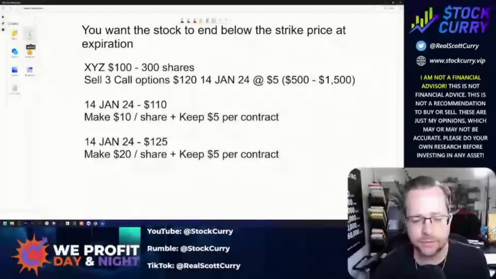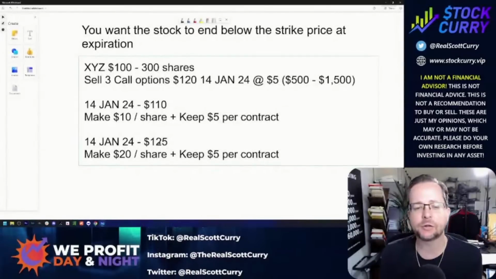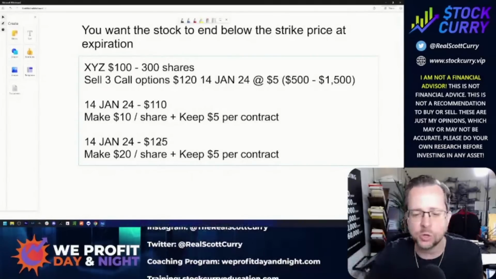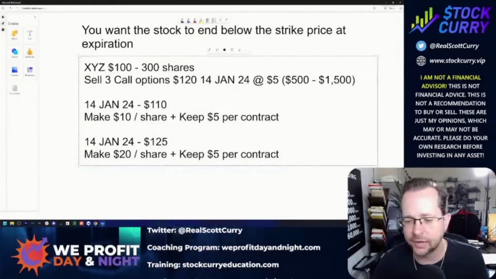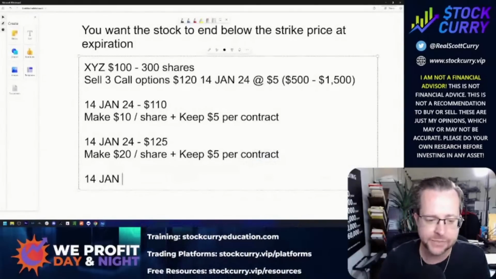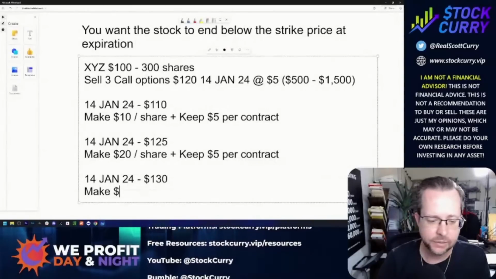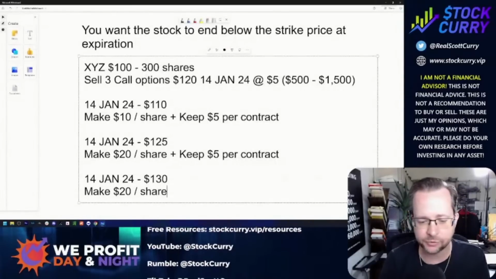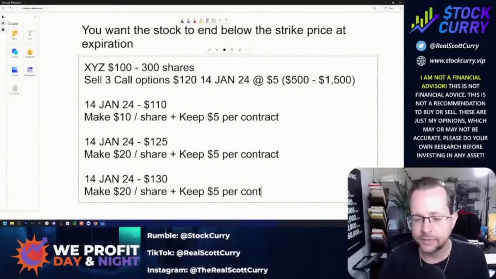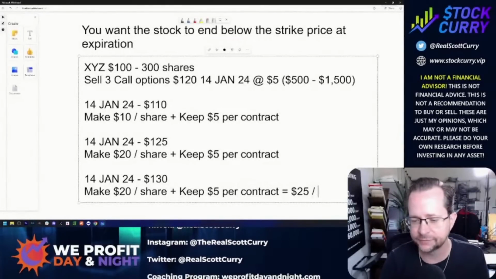The only time this really doesn't work out is, let's say it goes above $125 per share at expiration, then you don't get the full amount that you would normally make. Just as an example here, let's say 14 January comes along and it's $130 per share. Guess what? You make $20 per share, plus you keep the $5 per contract. The total you make per share is $25 per share.